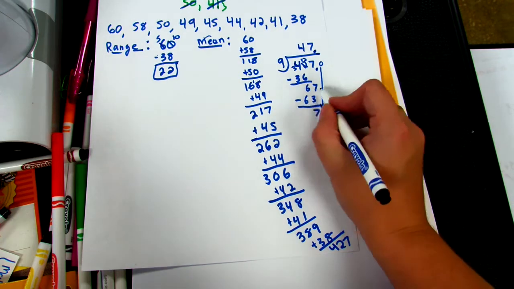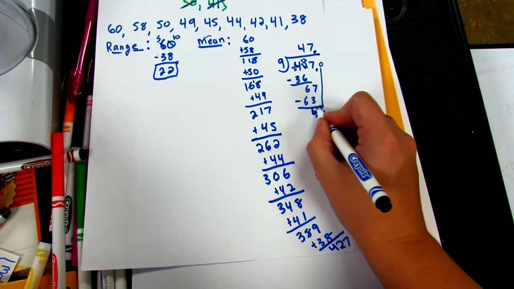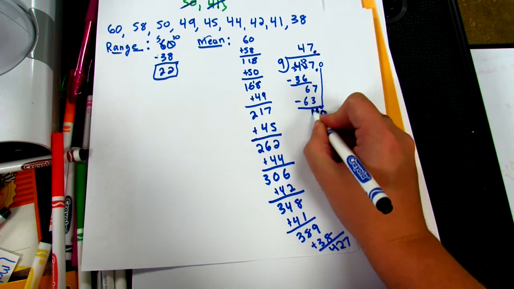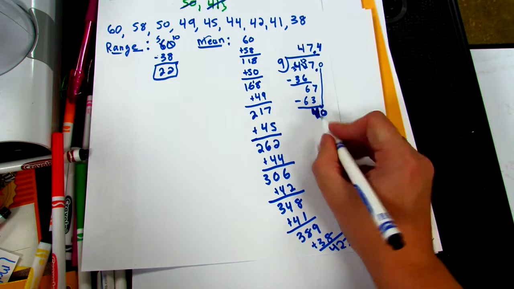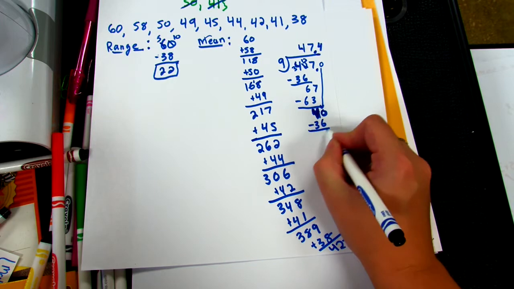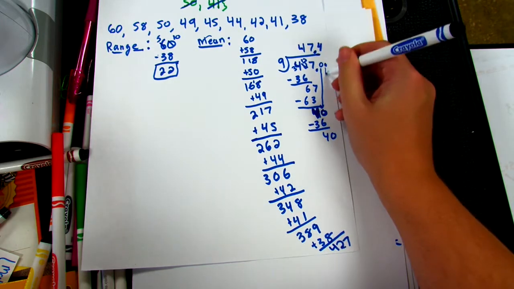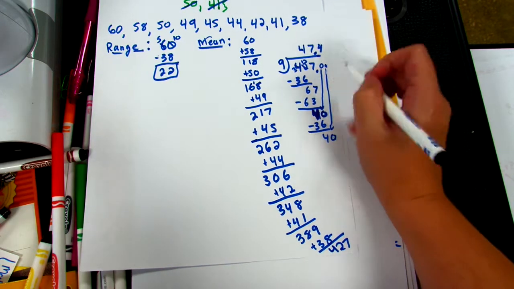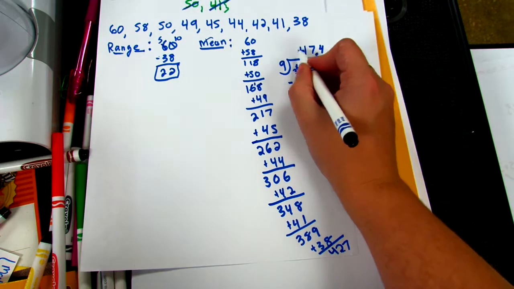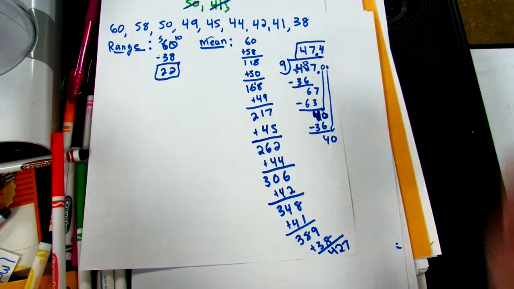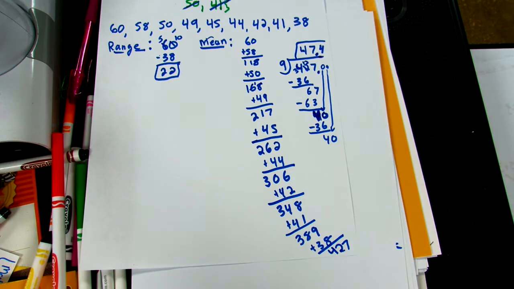Oh, sorry, 67 minus 63 is 4. There we go. I knew that didn't sound right. Okay, so 4. So 9 goes into 40 4 times. And then we get another 40, which means it would be another 4. So 47.44 just rounds to 47.4. Okay, so there's our mean.